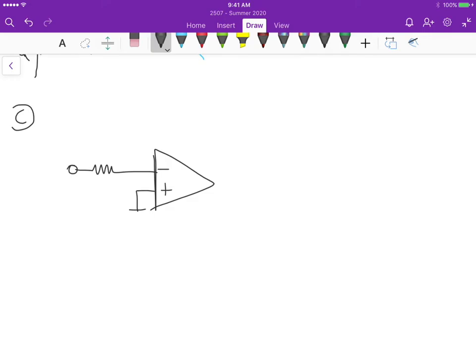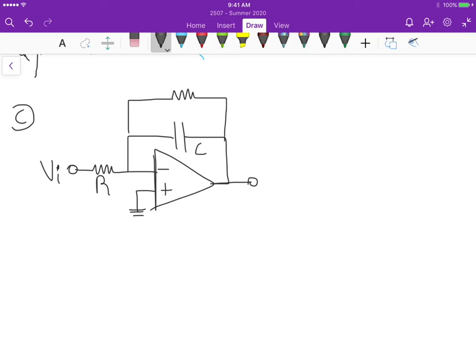This one here is grounded. Here's VI, and then we have the capacitor here, C. Right, so this is R, this is C, and then to limit the DC gain, we just have to put another resistor here, right? So this is RF, and this is V out.